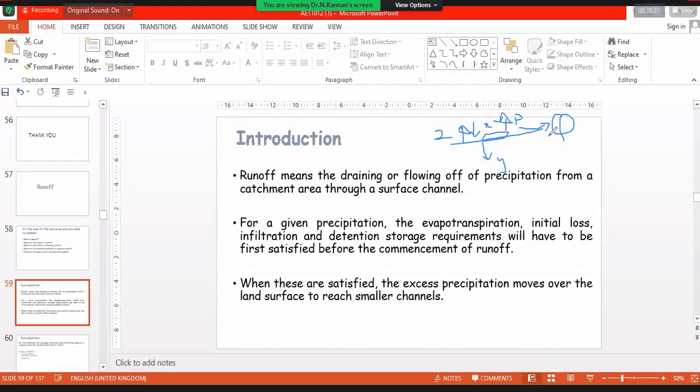We are going to study this in detail, right? For a given precipitation, the evapotranspiration, initial loss, I have already included everything. When these are satisfied, the excess precipitation moves over the land surface to reach smaller channels. That is very, very important.